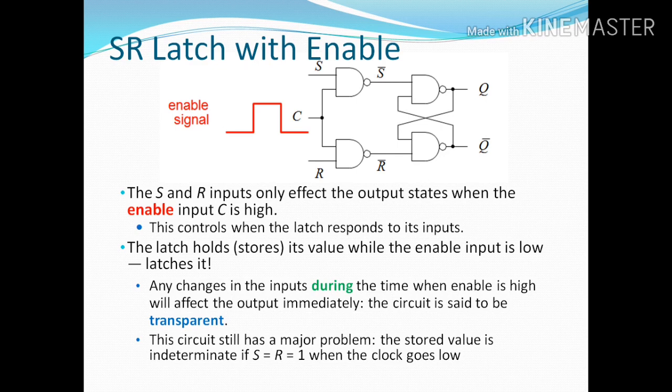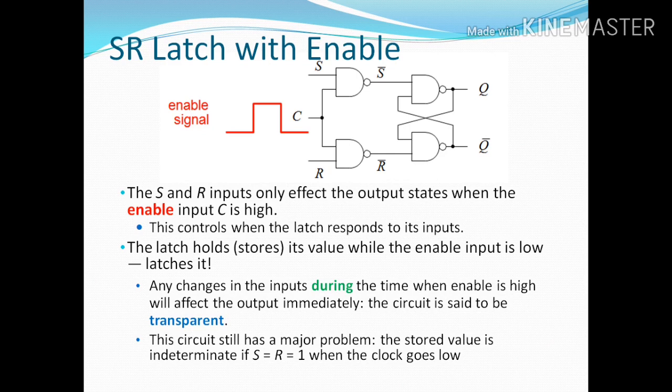So this controls the latch response to its input. The latch holds its stored value while the enable input is low. It's called a latch. The changes in the inputs during the time when enable is high will affect the output immediately. The circuit is said to be transparent.